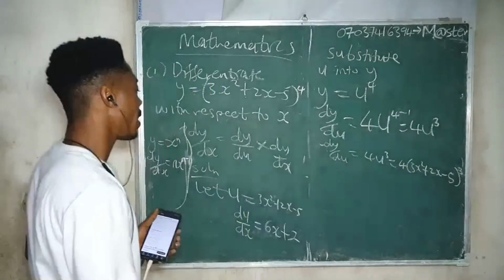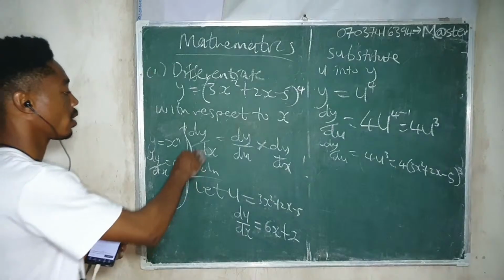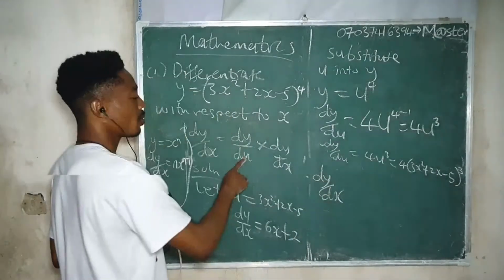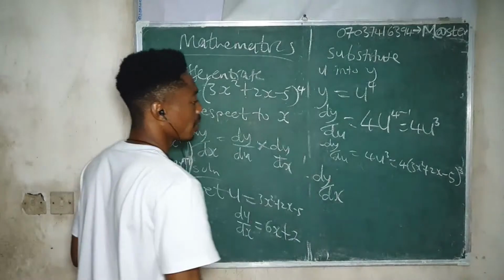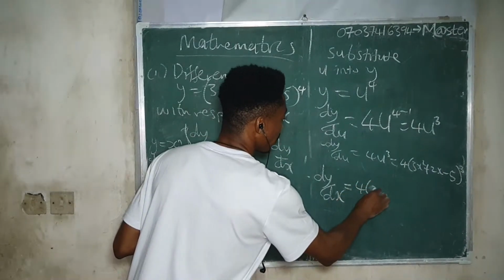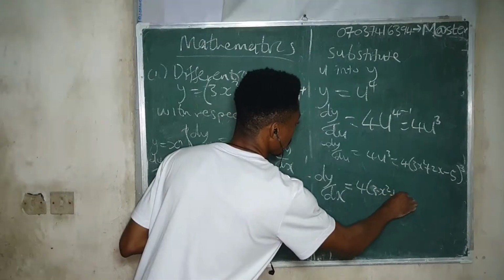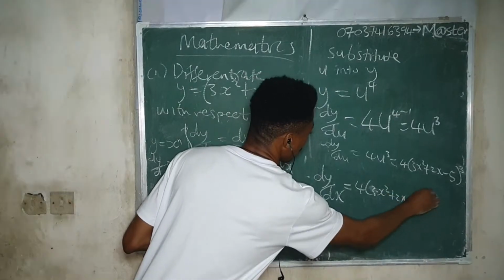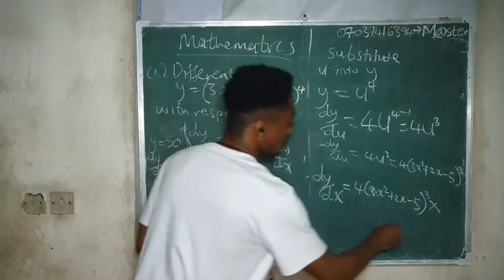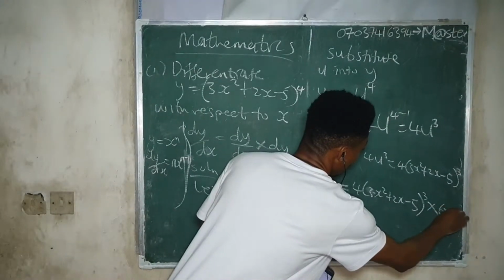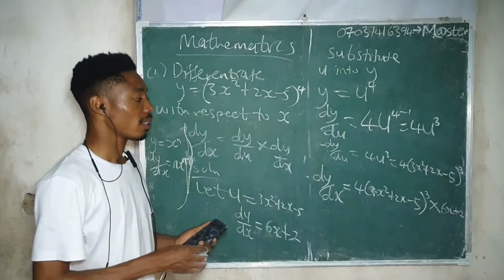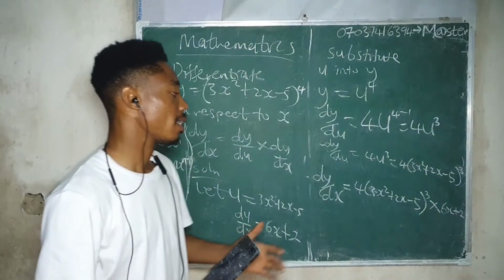Now, let us find dy/dx. dy/dx is dy/du times du/dx, which is 4 into 3x squared plus 2x minus 5 cubed times 6x plus 2. So my answer is out.